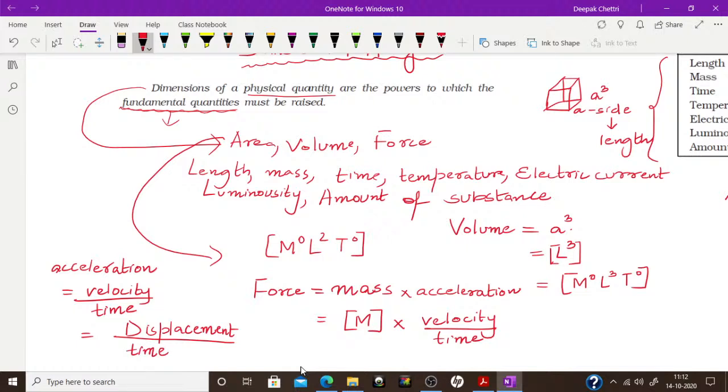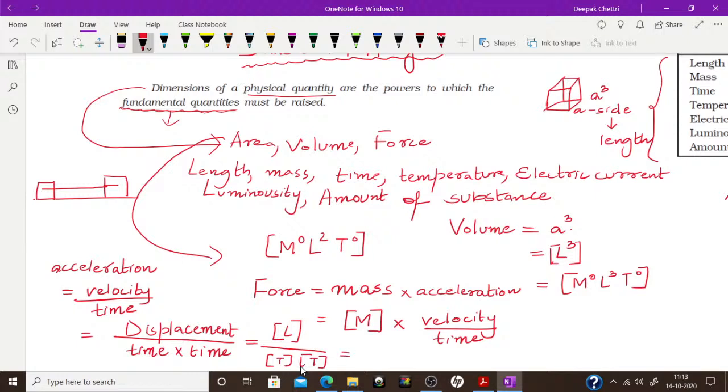And there is one more time here, so into time. Displacement is again a length, right? Displacement means the shortest distance between 2 points. So it is a length, so the dimension of displacement will also be capital L. The dimension of time will be capital T.